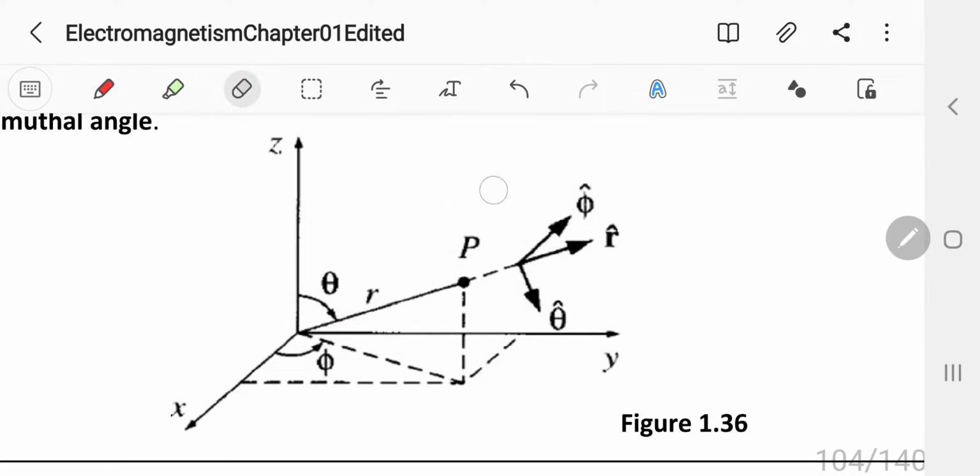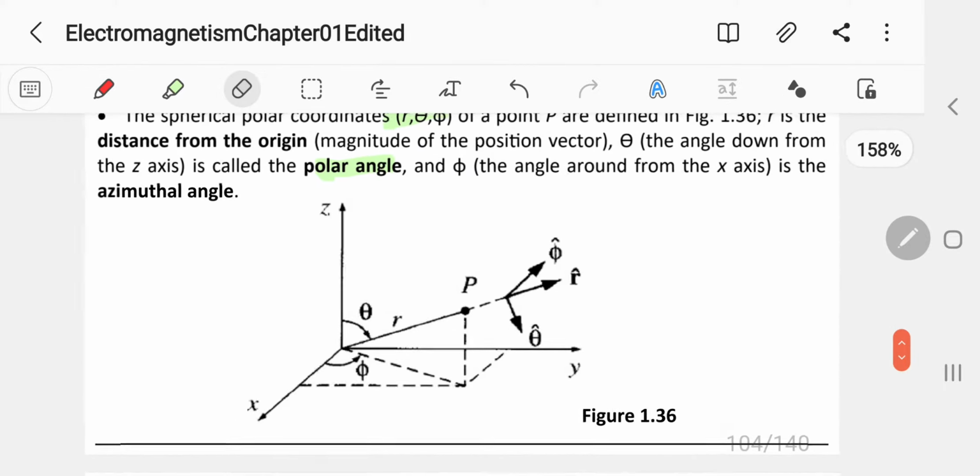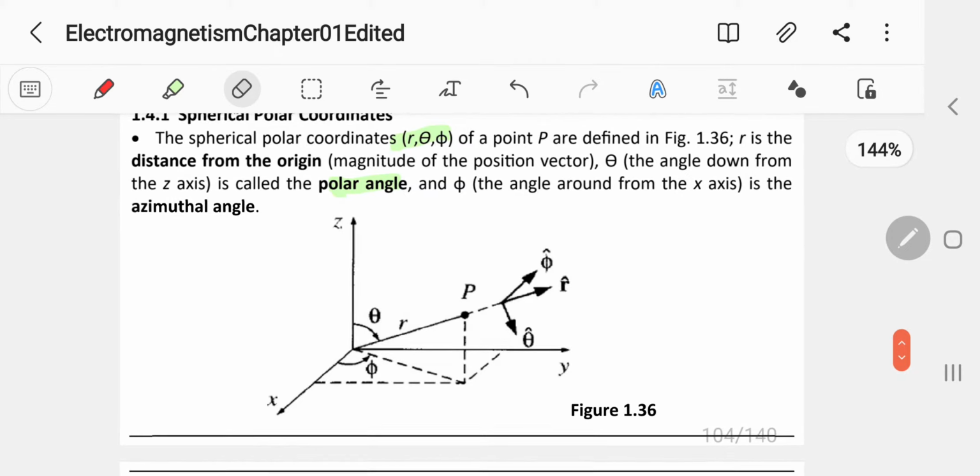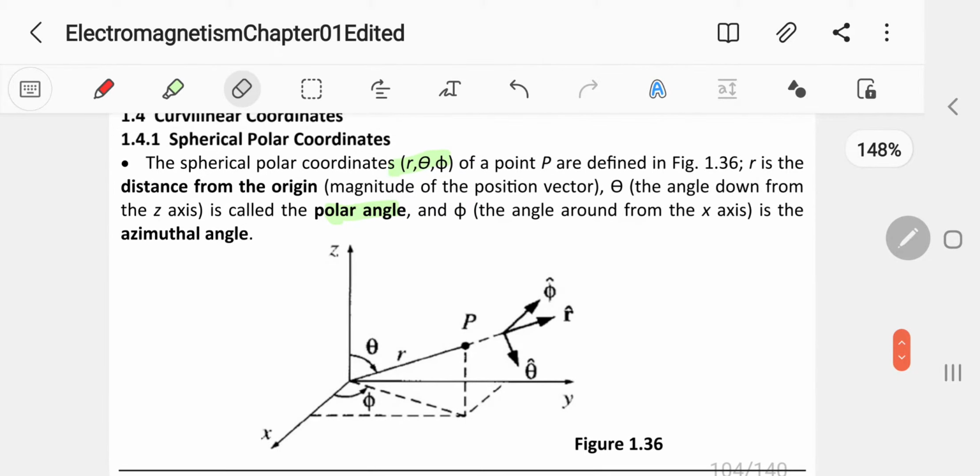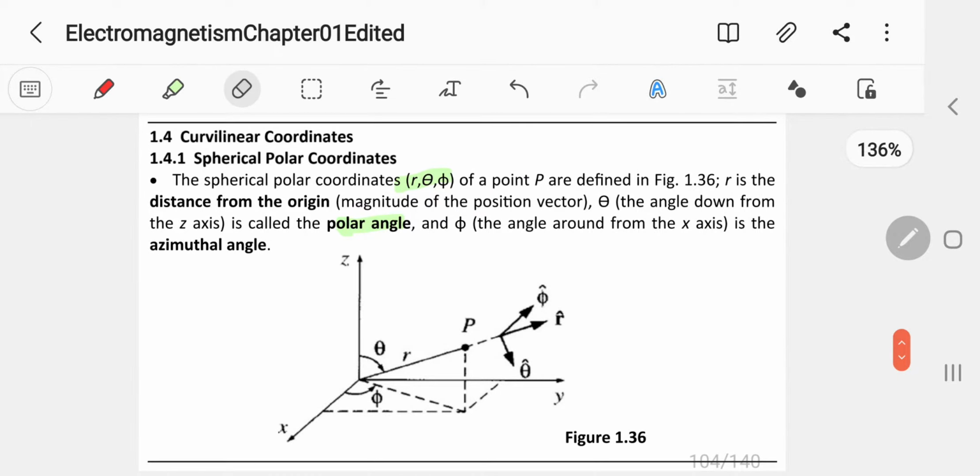So what can you conclude with this? Every point has a different set of mutually perpendicular unit vectors, theta hat, phi hat, and r hat. So this means that the unit vectors r hat, phi hat, and theta hat are not constant.